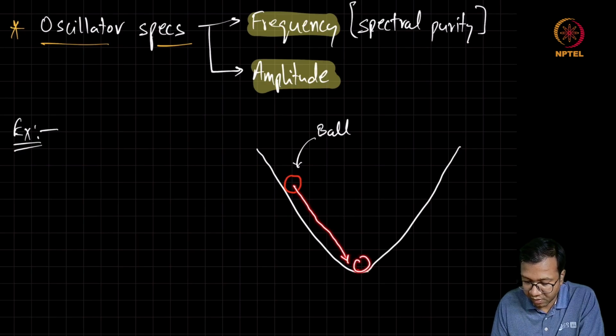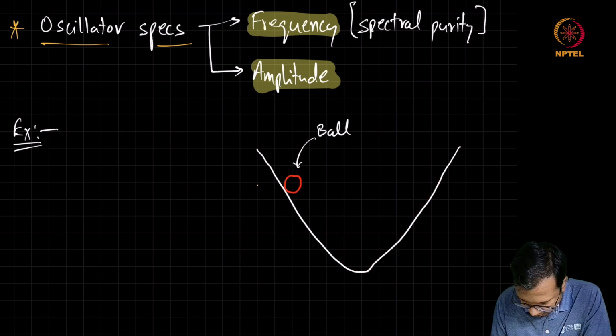So at this point, it is going to have the maximum speed. And again, it is going to climb up on the other inclined plane, where at the highest point, it is going to have again maximum potential energy and zero kinetic energy.